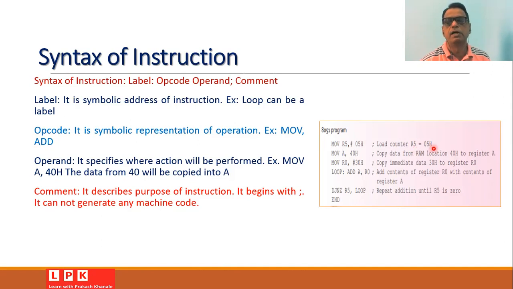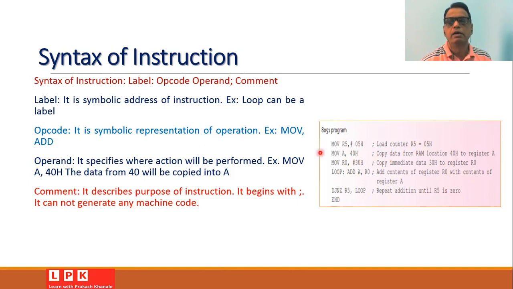H specifies a hexadecimal number, and many times blank space is not allowed, so you need to take care of the blank spaces. Then the second instruction is MOV A, 40H. Here we copy the data from the RAM location 40 hexadecimal to the register A.